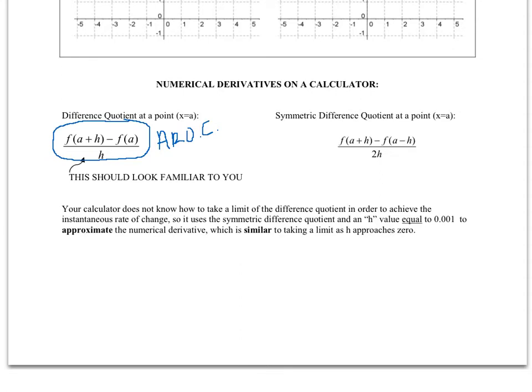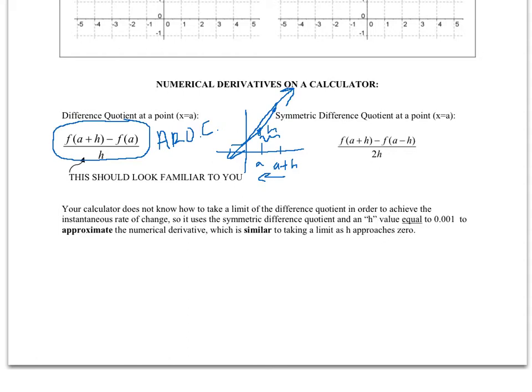Now, this next guy, this symmetric difference quotient, it's not much difference, but let me point out what we did with AROC. We had a point A, we moved over an amount h, so this would become A plus h. So we were technically trying to find the slope between these two points. Now, to make that a tangent slope at A, again, we took the limit as h approaches 0. So this point would be moving closer.